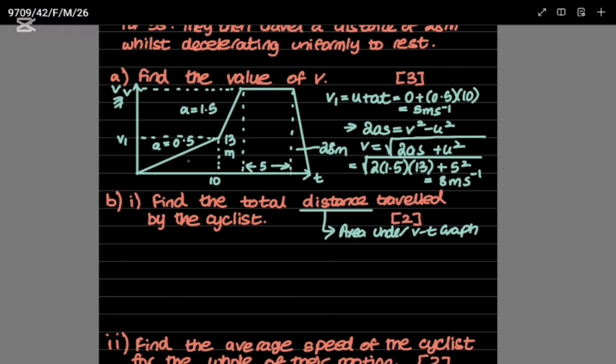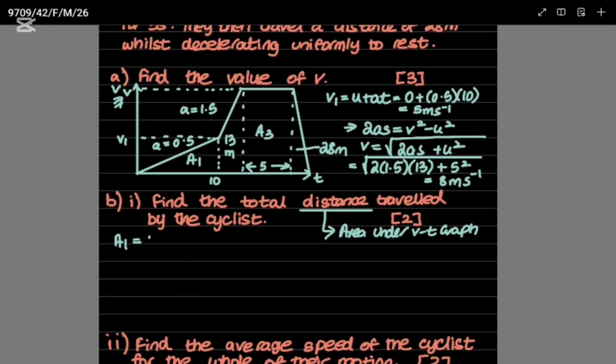Now let's label this as area 1 and this as area 3. The good thing is they gave you area 2, which is 13 meters, and area 4, the last phase, which is 28 meters. So we just have to find area 1 and area 3.